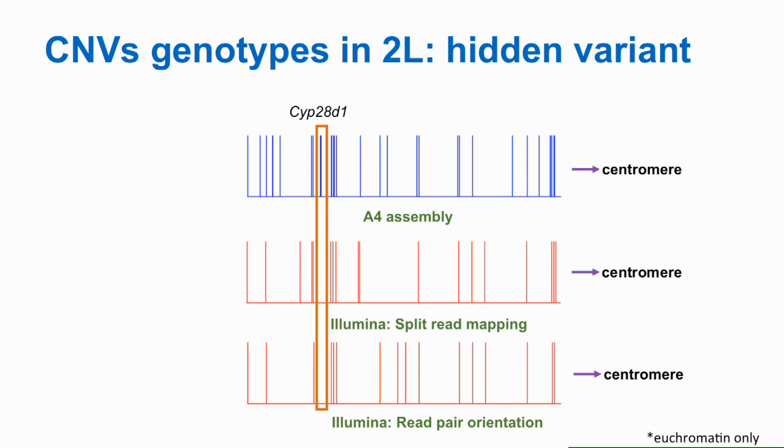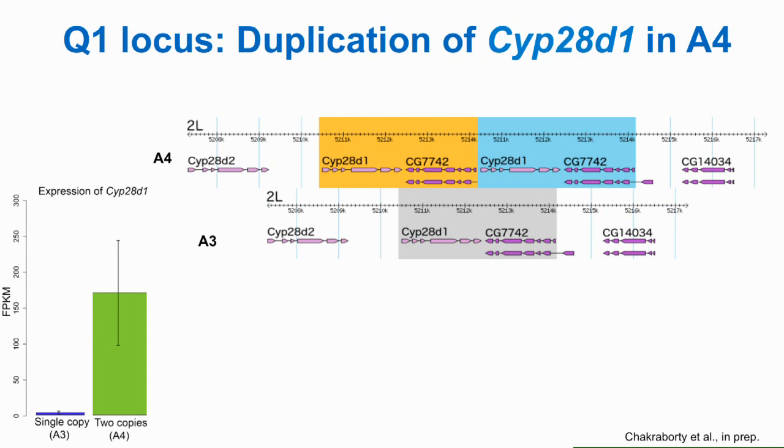To look closely, this is what has really happened. In A4, Cyp28d1 has been duplicated, and there is a 1.5 kb spacer between the 2 copies. Now, we don't know why there is such a huge difference in expression caused by a single copy number increase.